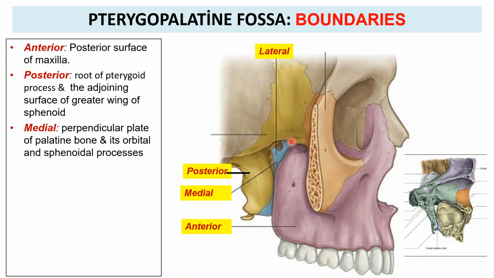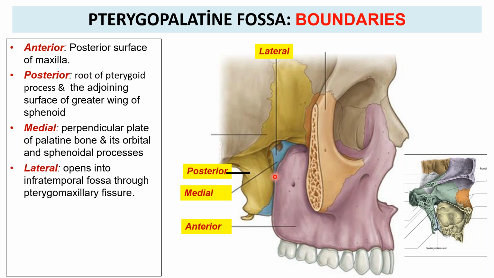That is why this fissure is called the pterygomaxillary fissure. Through this fissure, the lateral wall is open into the infratemporal fossa. So laterally, it opens into the infratemporal fossa through the pterygomaxillary fissure, which I've just described.